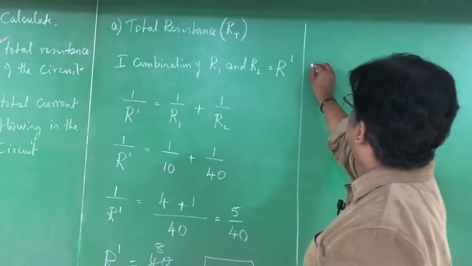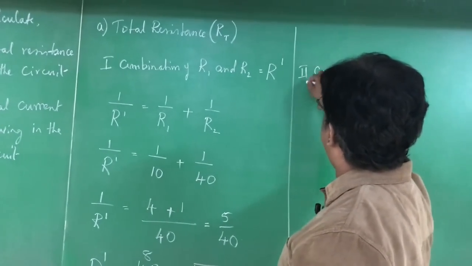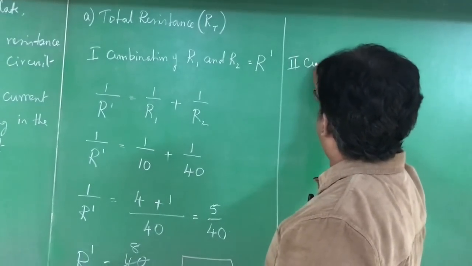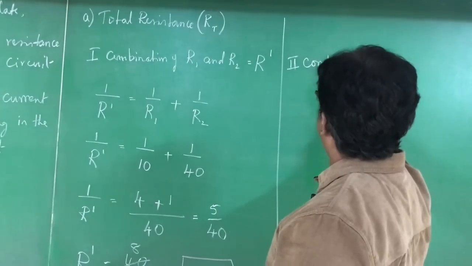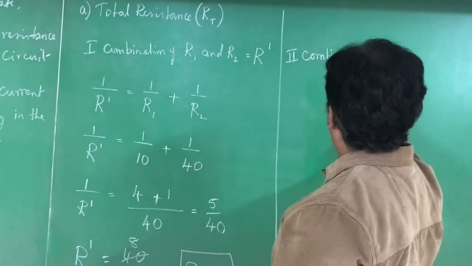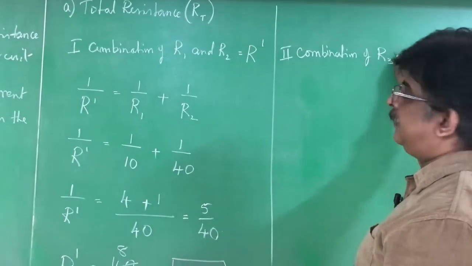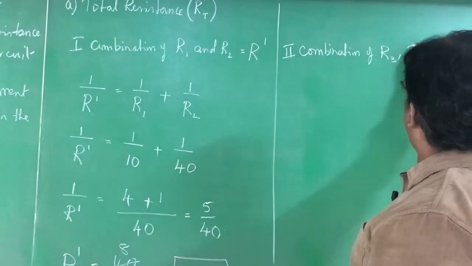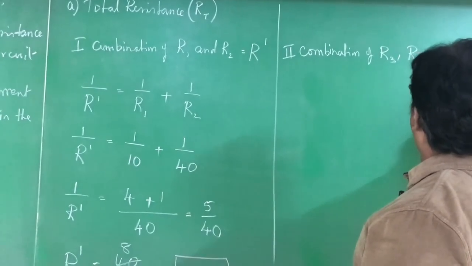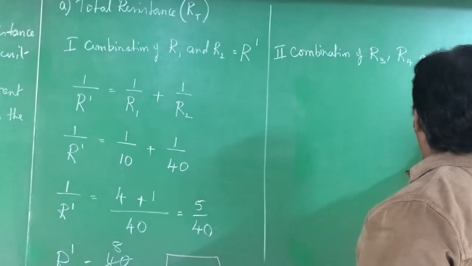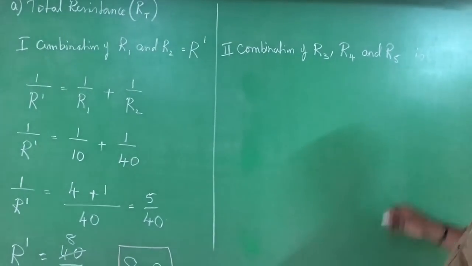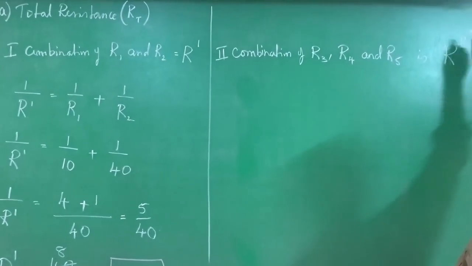the second combination we see, of R3, R4 and R5, I write this as R double dash.